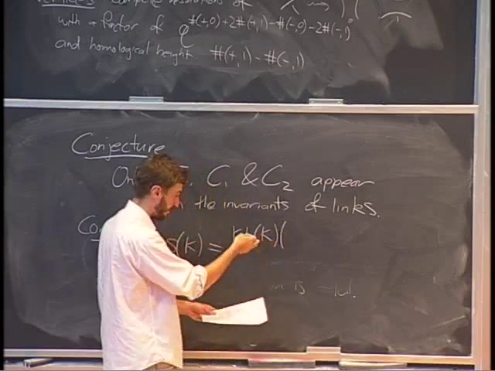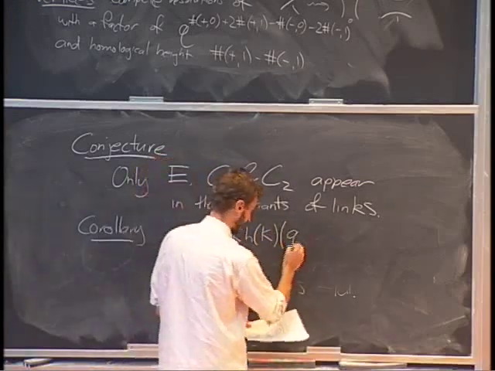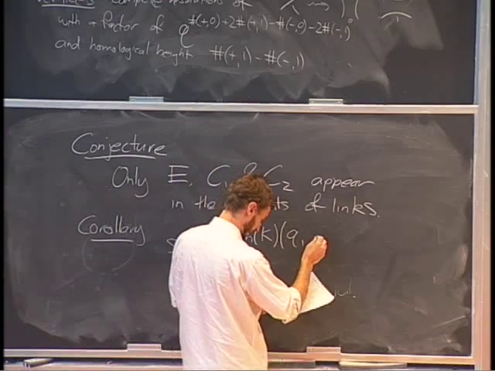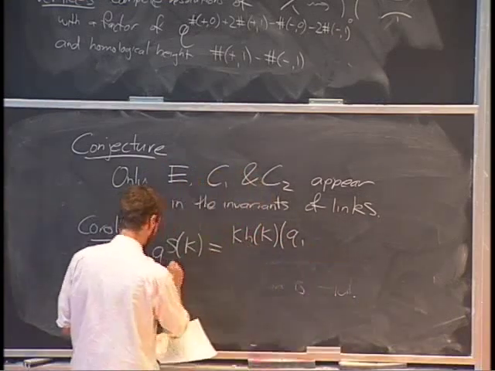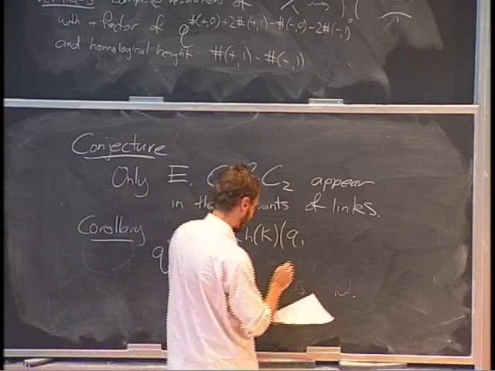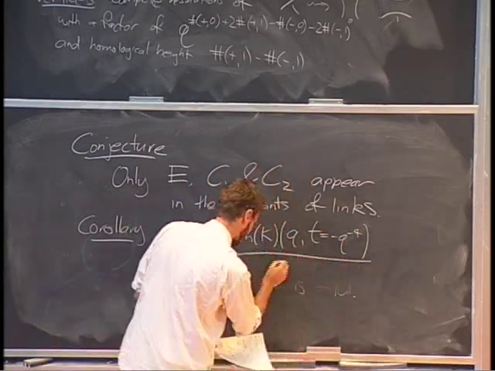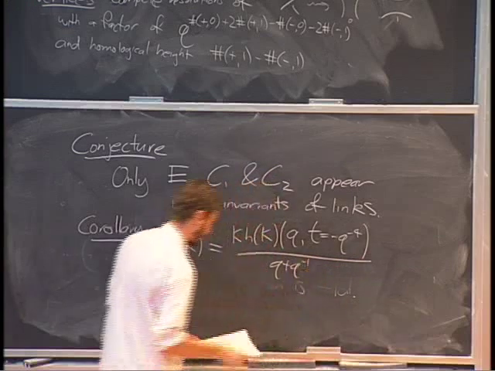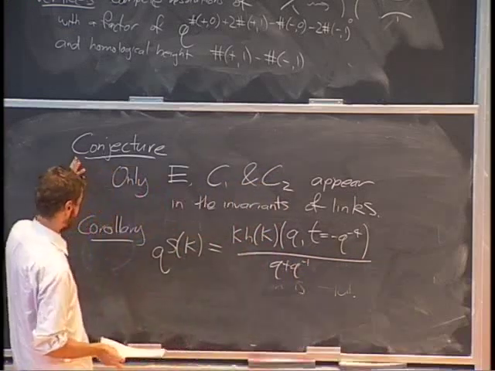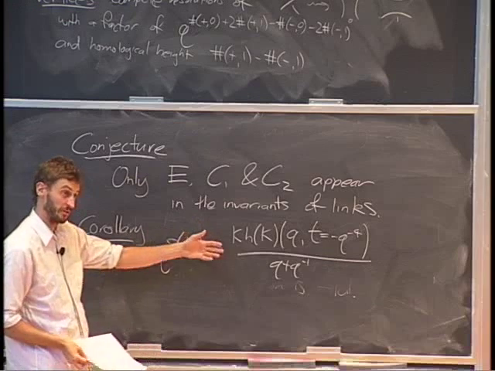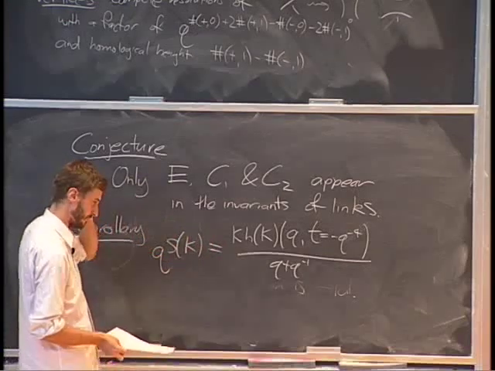Remember that this is a polynomial in Q and T, so just leave Q there. Maybe I'll write Q to the S of K on the left-hand side. And I substitute in T equals negative Q to the negative 4, and I divide the whole thing by Q plus Q inverse. If this conjecture is true, then this is a really easy corollary, that you can read off the S-invariant from the two-variable polynomial.